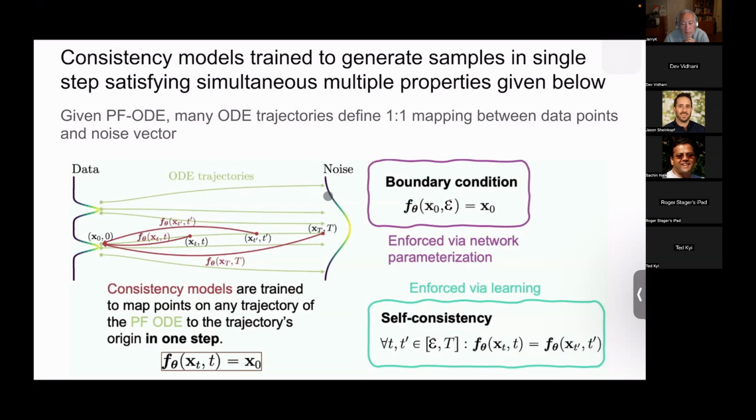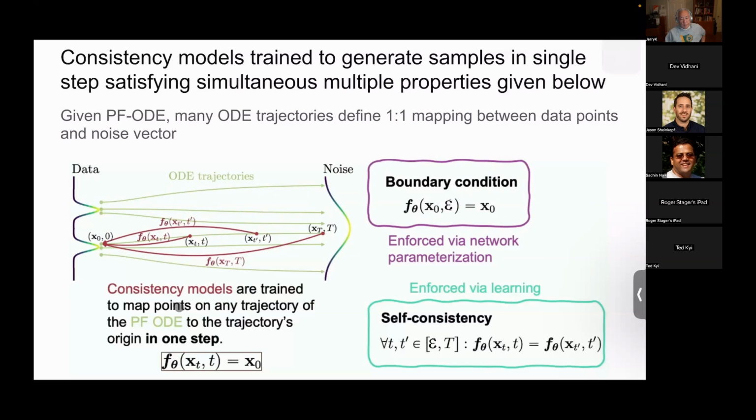But if we start from a point where no data point mapped to it in our ODE trajectory, then it will land somewhere in the middle, which may not correspond to any data point. But coming back to this one here, the properties that consistency models need to satisfy are, let me just read it for completeness' sake.